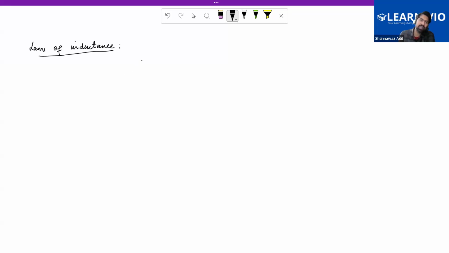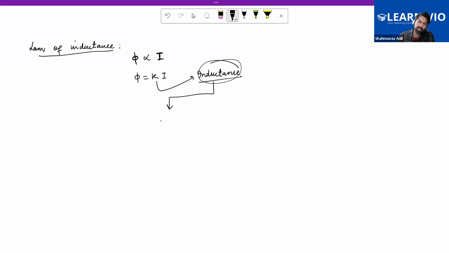It says that the flux generated in some coil is directly proportional to the current flowing. If we remove the proportionality, we get a constant, and that constant is called the inductance, right?